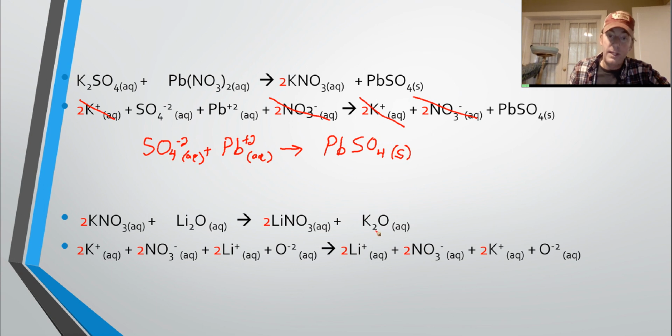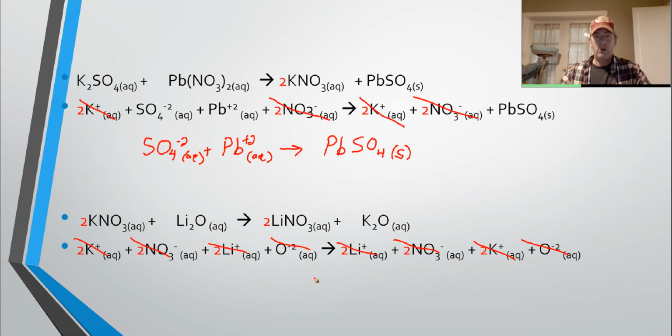Now, with this one, who are the spectators? That's right. All of them are spectators. Everybody is still aqueous. So, everybody's a spectator. There's no game going on. There's no players on the field.